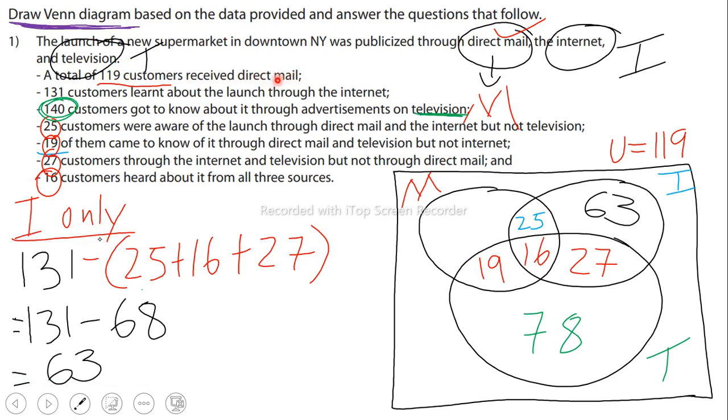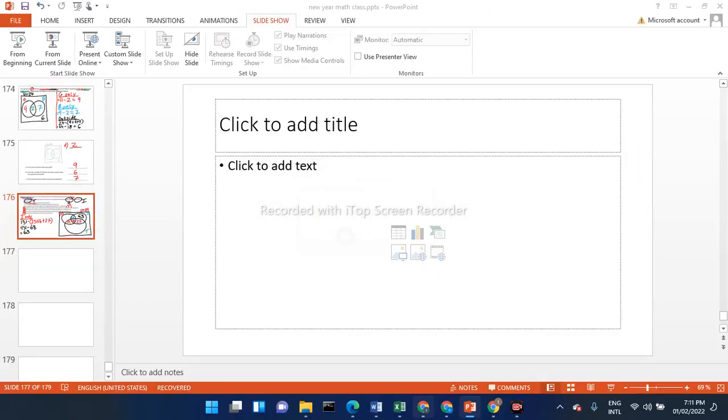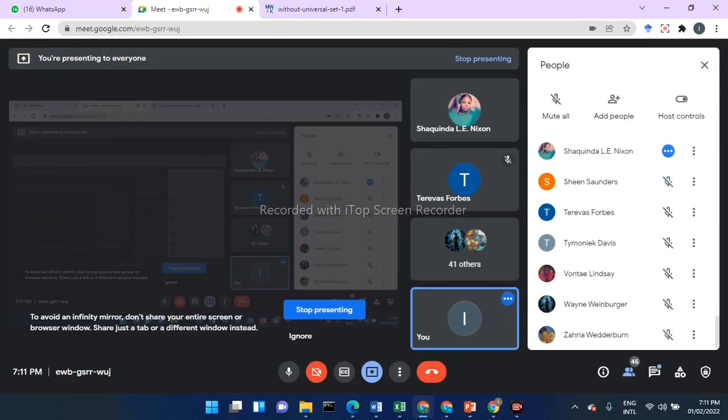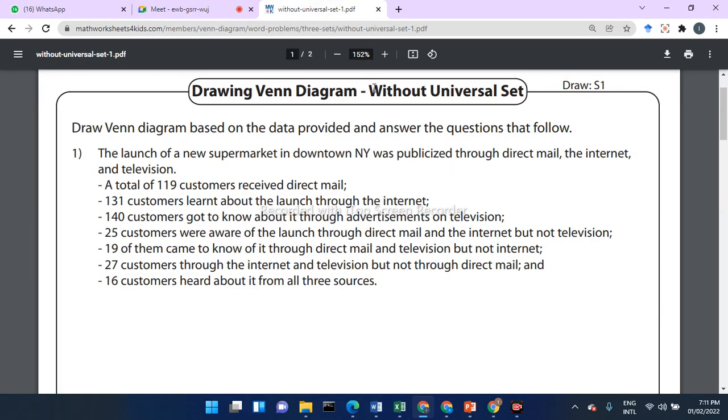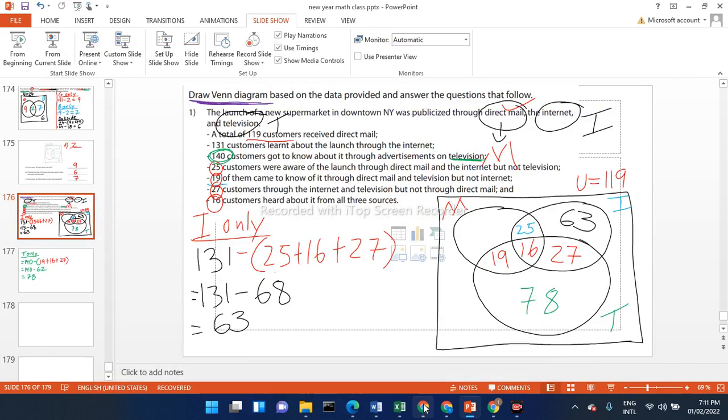They never said 119 is in the universal set. I took that to mean universal set, but they say 119 received it through direct mail. So 119 is not the universal set. Here, we're doing questions, and it seems that it does not have a universal set.